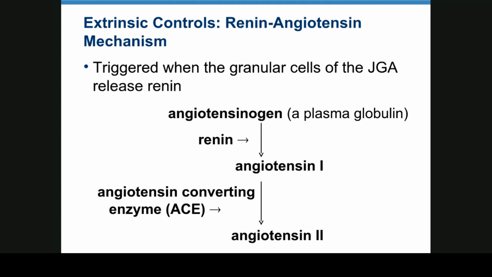Okay, now, renin-angiotensin II mechanism, the renin-angiotensin system. Angiotensin is a protein that floats around in your bloodstream. Renin comes in here, causes angiotensin I to be converted, by angiotensin converting enzyme, into angiotensin II.